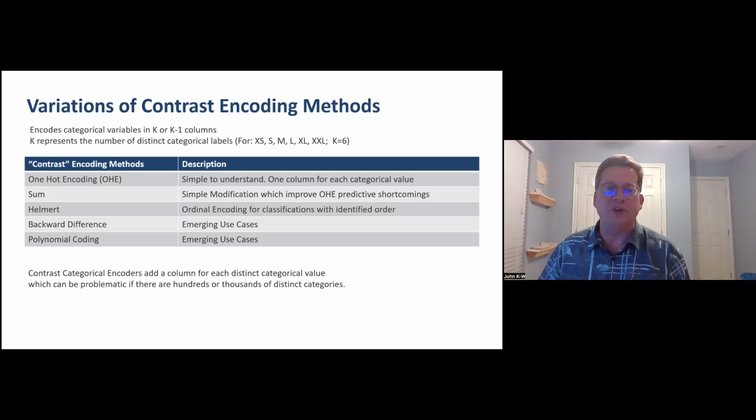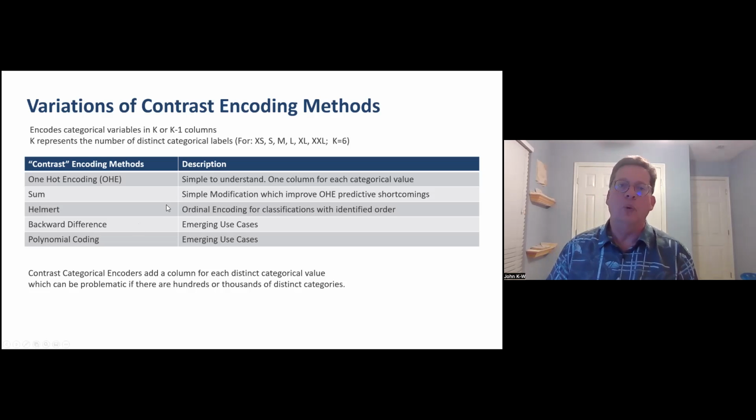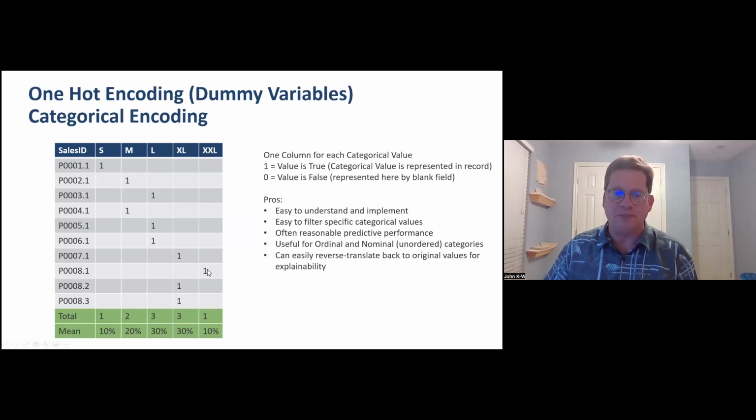And with some of these algorithms, we'll do one less column, which helps with our predictive algorithms, but becomes a little bit harder to translate. So in this case, if we left off this extra large column, we got rid of that column entirely, we could simplify some of our predictive algorithms, and we would know that this receipt was for an extra large shirt, because the record for the shirt would be completely blank, which becomes more confusing.